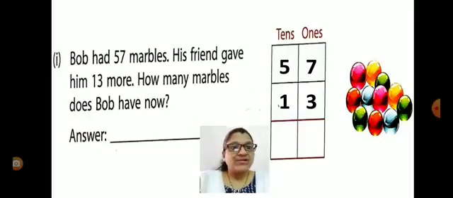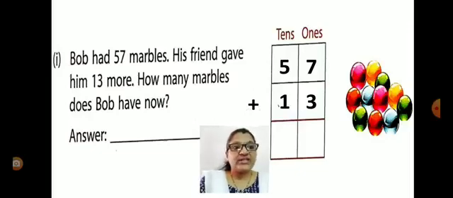Here in the boxes we have already written numbers 57 and 13 below it. Now as we have to find out the total marbles, we have to do the addition. So we will put plus sign before number 13.